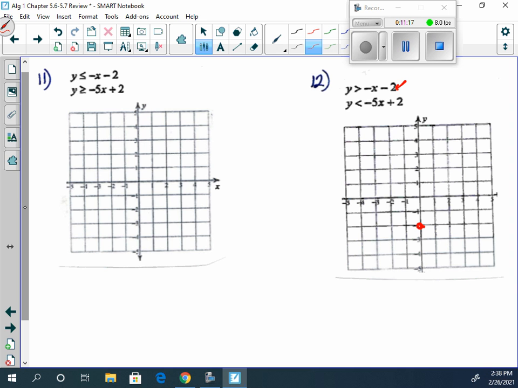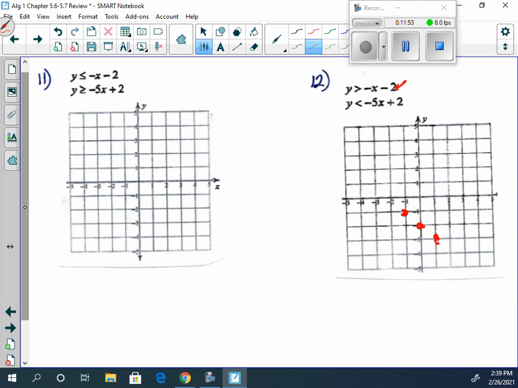Now our slope is -1. Because we just have the negative sign, it's -1. So that means we're going to go down 1 and right 1. Or we can go up 1 and left 1. Because it's negative, we're either going down and right, or we're going up and left.